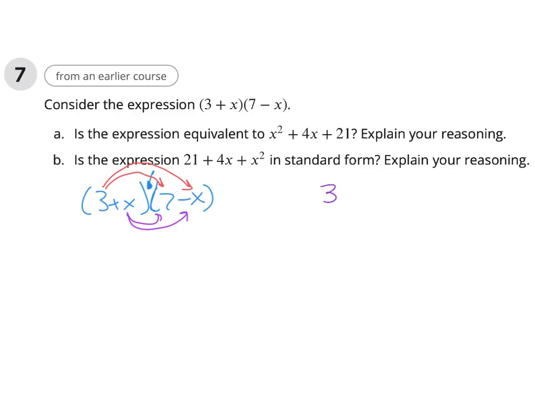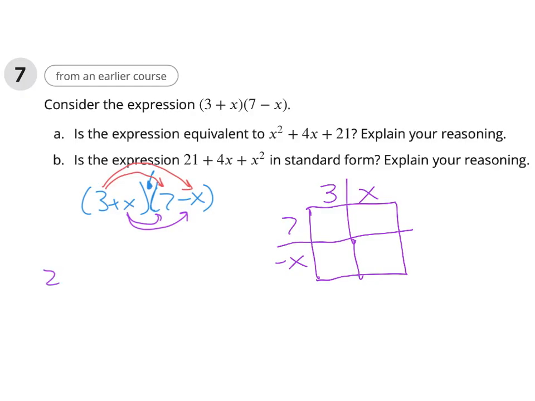Now, some of you guys like the box method, where you put things in a box. Whichever you guys like is fine with me. It does not matter to me, as long as you multiply. 3 times 7 makes 21. 3 times negative x makes negative 3x. You can multiply a letter to a number. They just get mushed together.